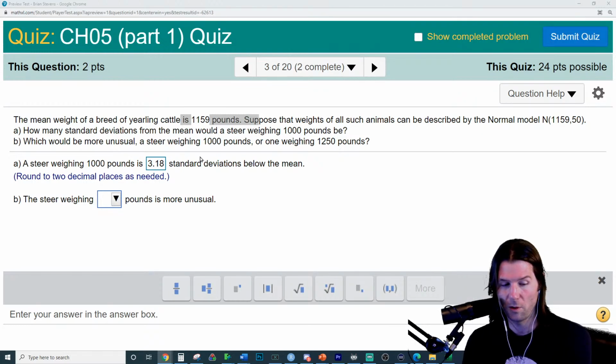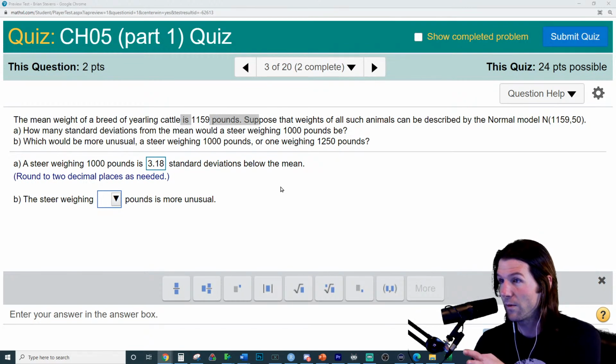So which would be more unusual, the 1,000 or the 1,250? Here's the easiest way to solve this. Which of these numbers is further from the mean? Look at the 1159: is 1,000 further from the mean, or is 1,250 further from the mean?